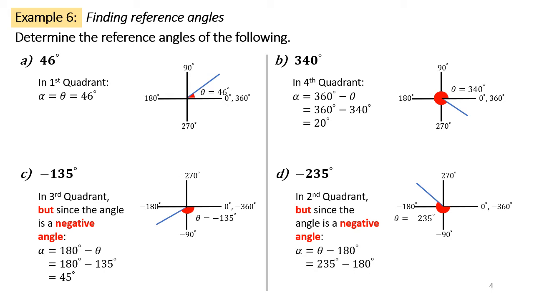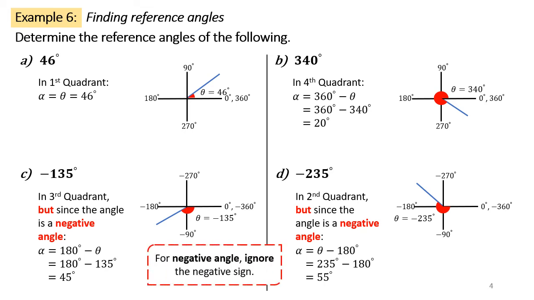Same as before, we just take the value, not the symbol for theta. So we just take 235 degrees minus 180 degrees. So we get alpha is equal to 55 degrees. So for the negative angle, we just ignore the negative sign when we are calculating the reference angle.